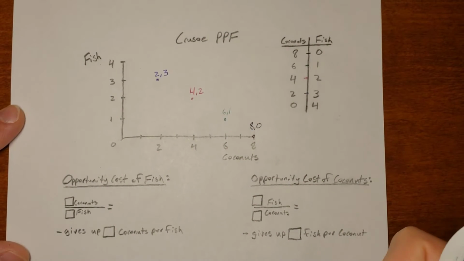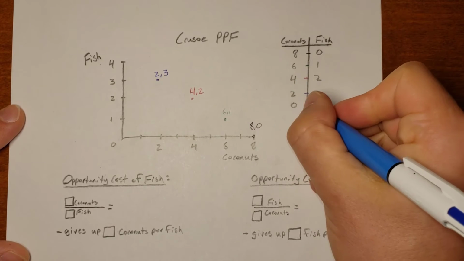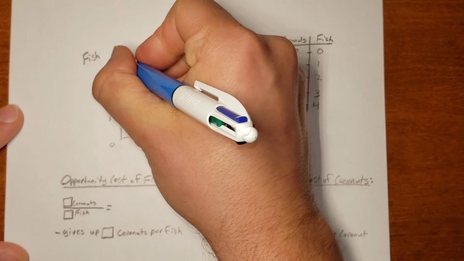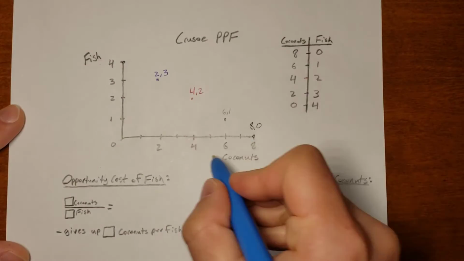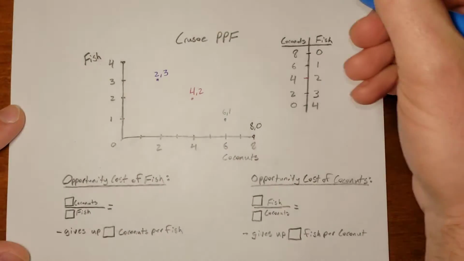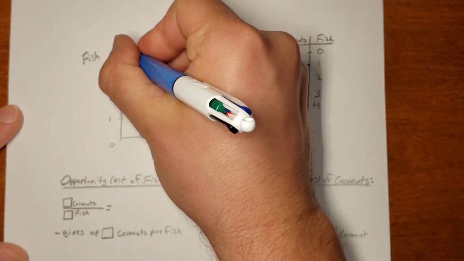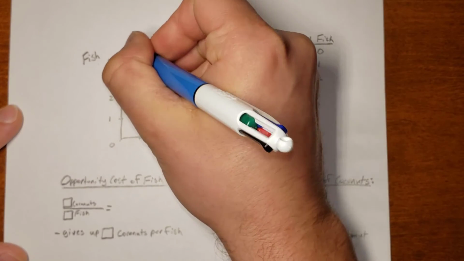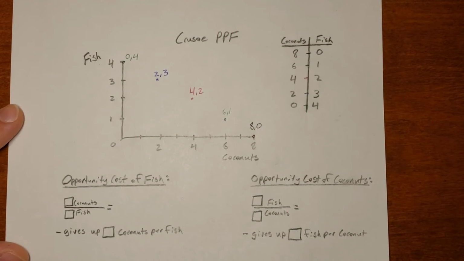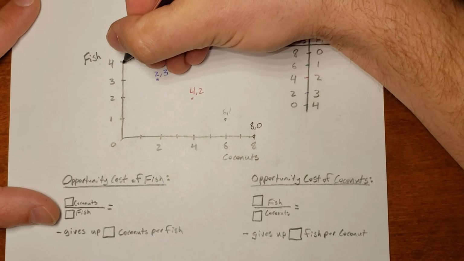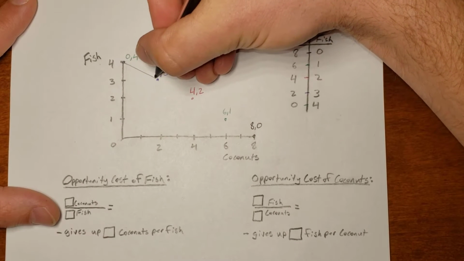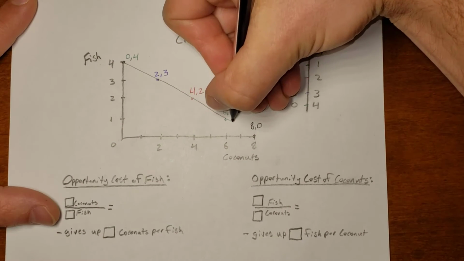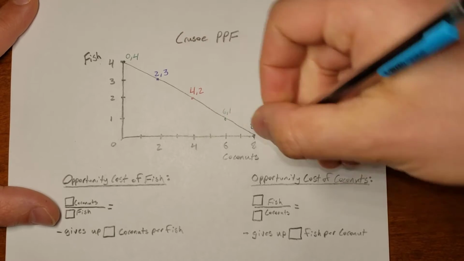And the last combination, go with green again, is 0 coconuts and 4 fish. So our production possibilities frontier looks like this. That is, it's a straight line.